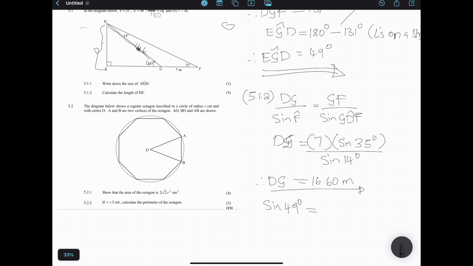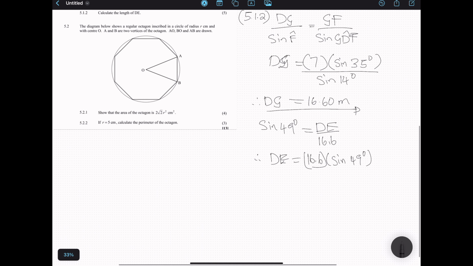The opposite side is the one we want, which is DE, divided by the hypotenuse, which is what we have. We can substitute 16.6, then cross multiply. Therefore, DE is equal to 16.6 times the sine of 49 degrees.